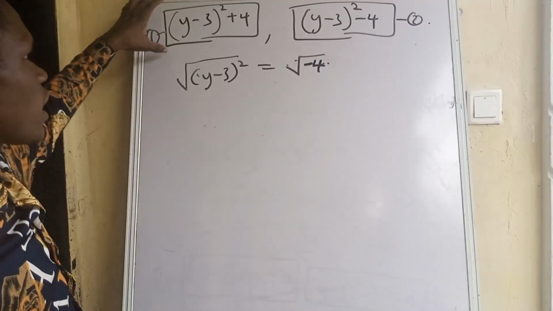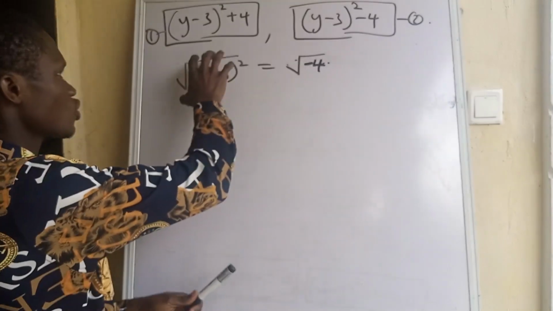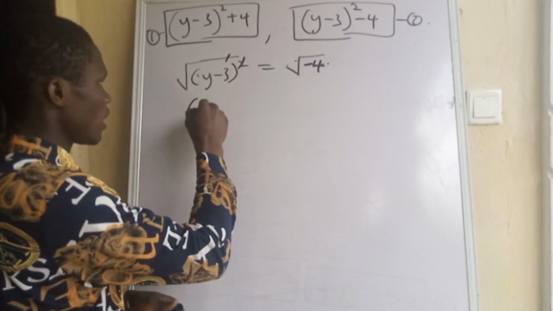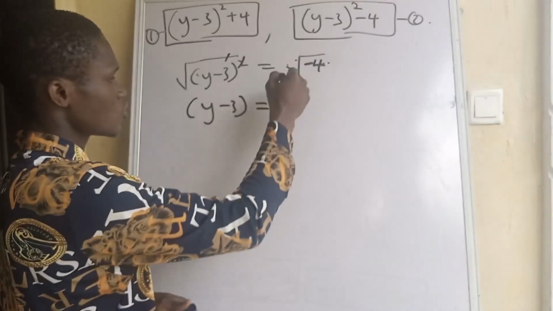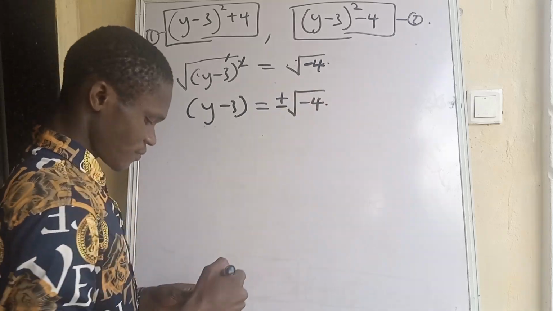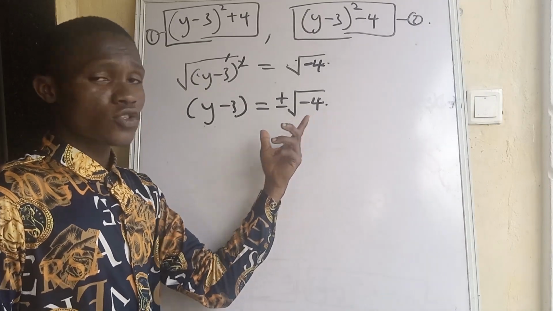Remember we said we are resolving for 1 first. By the time we resolve for 1, we take the square root of both sides, so the square and the root cancel out, and we are left with y minus 3 equals plus or minus the root of minus 4.